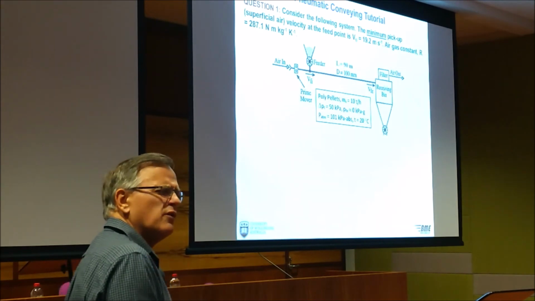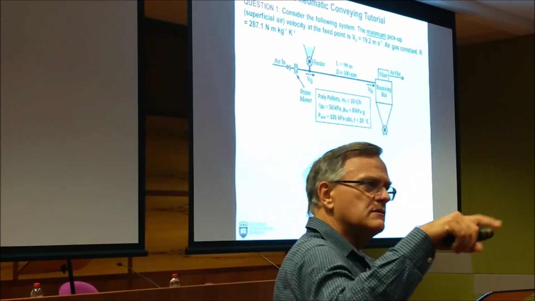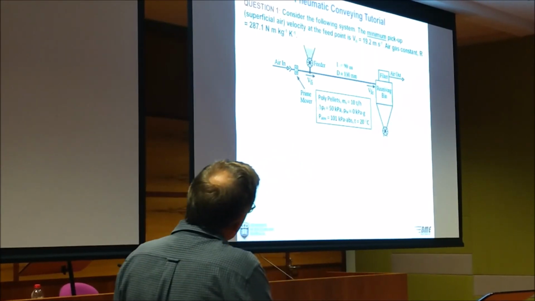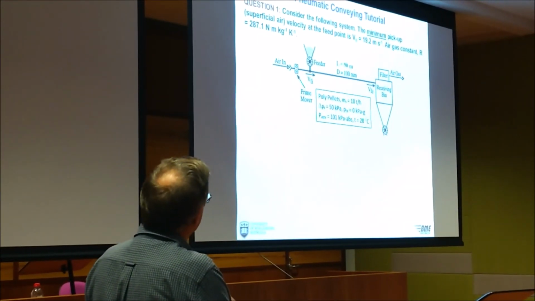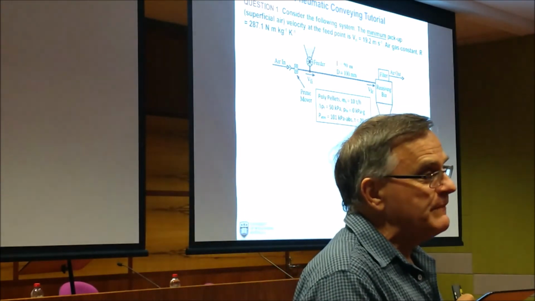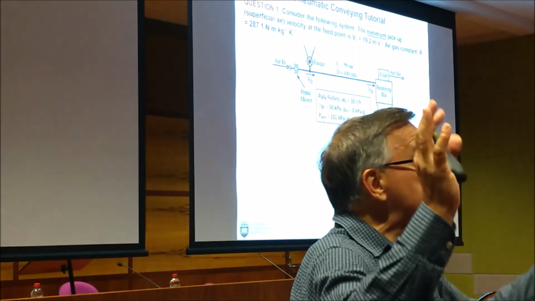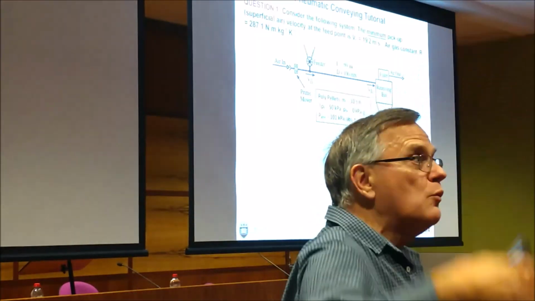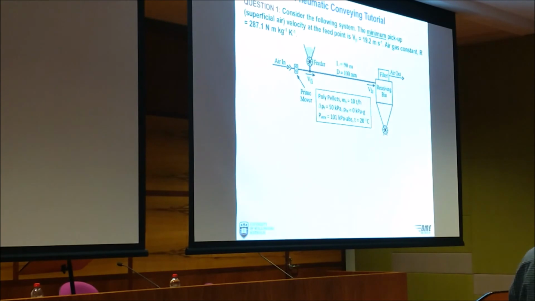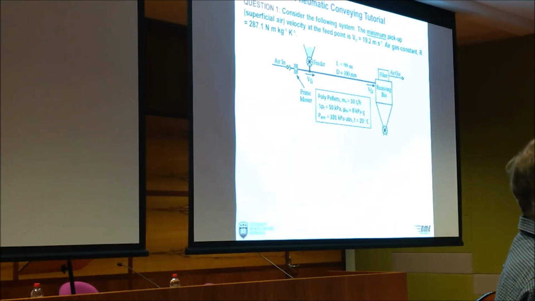You use specific volume, which is 1 over density, but we use density here. If you put 101 divided by RT, you get a gas density of 1.2. The air in this room, 1 cubic metre weighs 1.2 kilograms. Pretty close to 20 degrees, wouldn't you think?